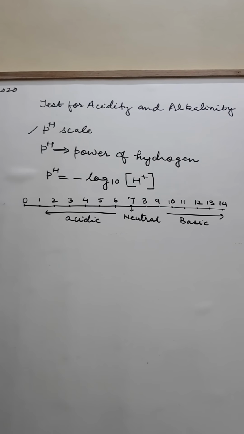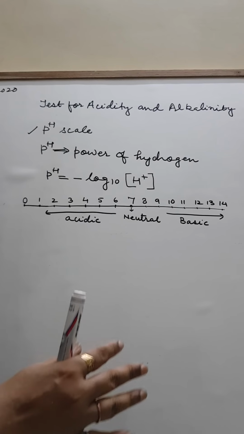Next write down pH above 7 dash basic solution, comma, higher the pH, stronger the base. Higher the pH, stronger the base.